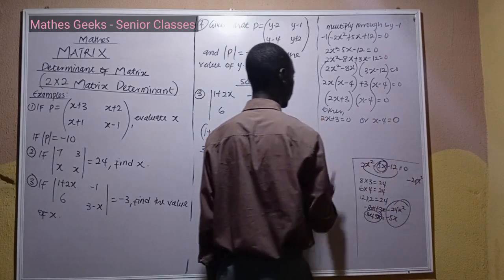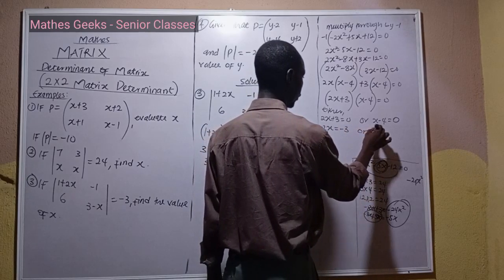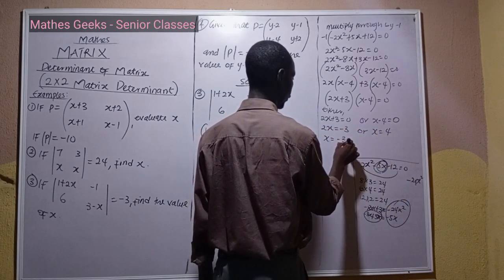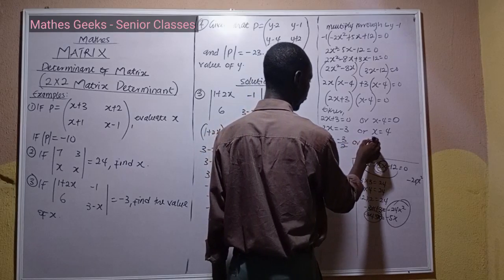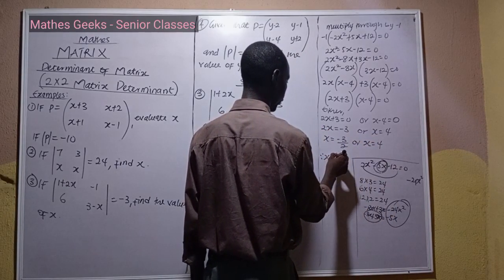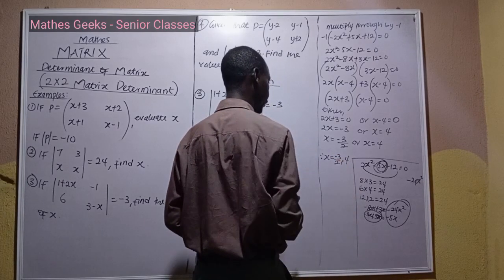So 2x equals minus 3, or x equals 4. X equals minus 3 over 2, or x equals 4. Therefore, x equals minus 3 over 2, comma 4.